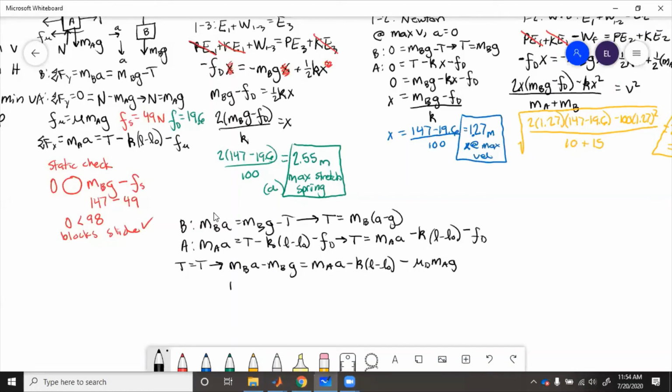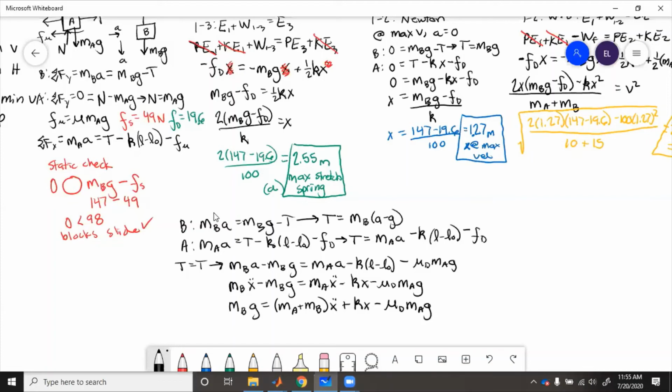So we have MB x double dot, since acceleration is the second derivative of position, minus MB g equals MA x double dot minus KX minus mu D MA G. We'll get MB G equals (MA plus MB) x double dot plus KX minus mu MA G. But this is for the blocks sliding forward.